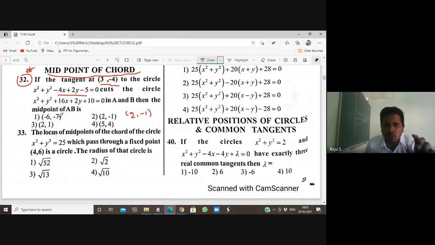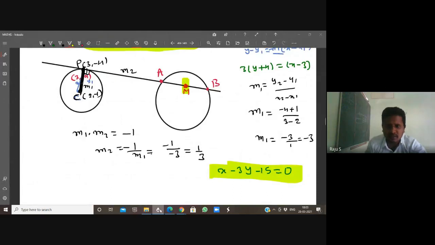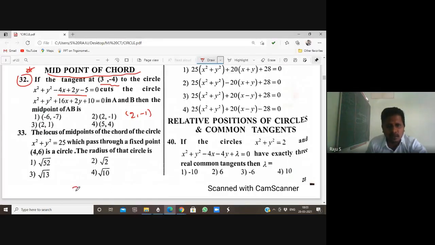Whatever point satisfies the tangent equation x minus 3y minus 15 is equal to 0. This is the tangent equation. Substitute, and see which of the following options is satisfied.